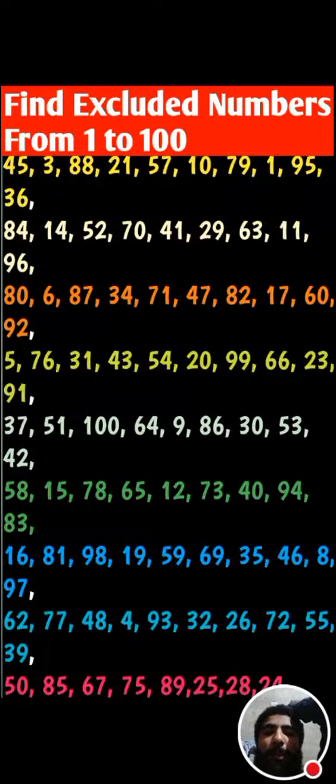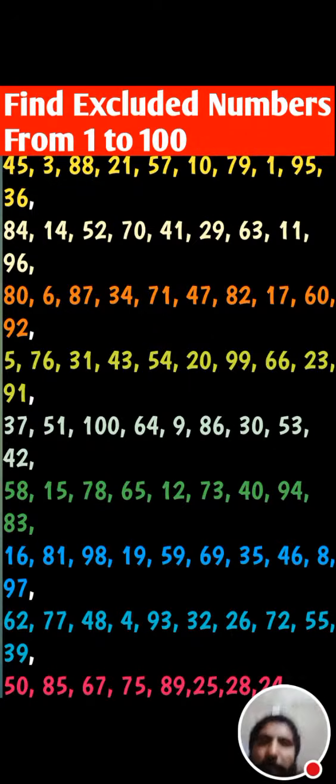Here is 23. The last number of the seventh row that is written with yellow color is 23. So we have to find number 24.